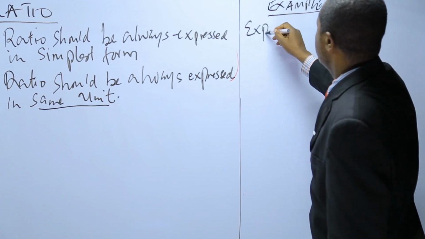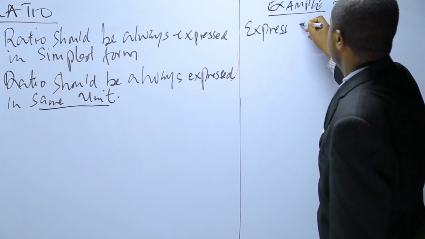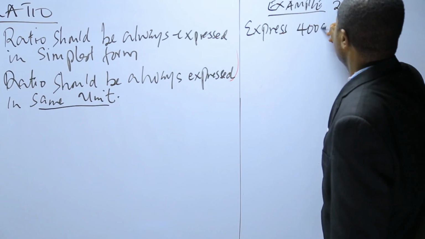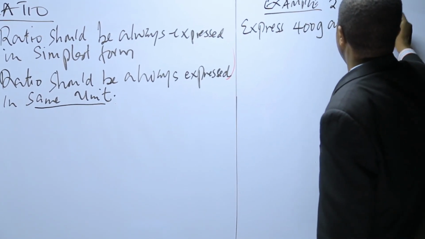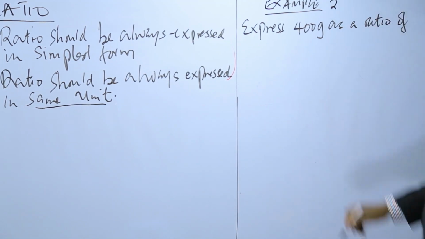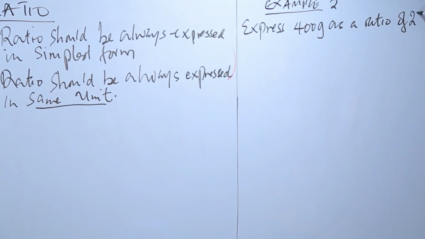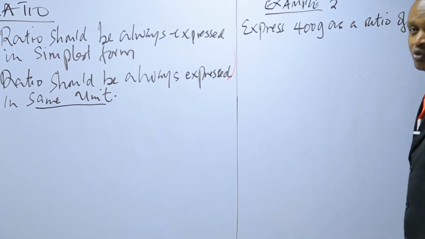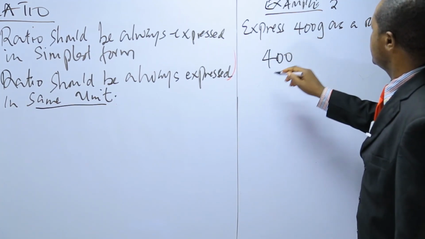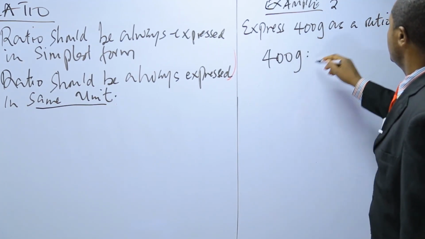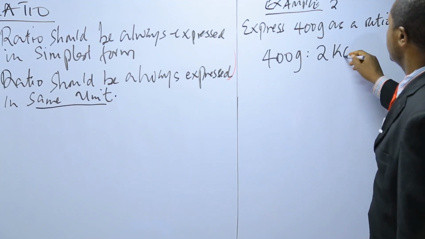Express 400 grams as a ratio of 2 kilograms. 400 grams to 2 kilograms.